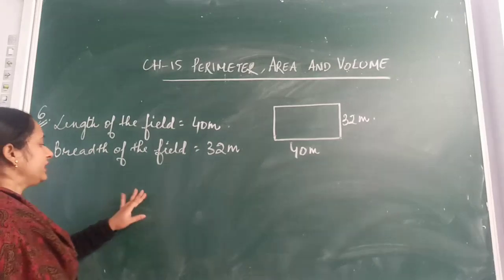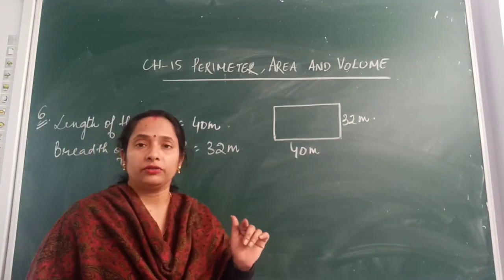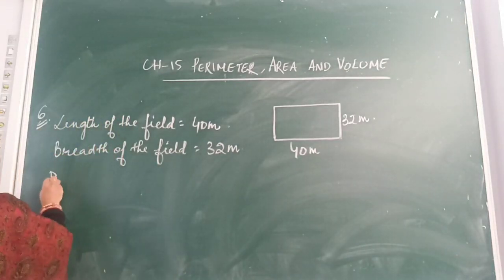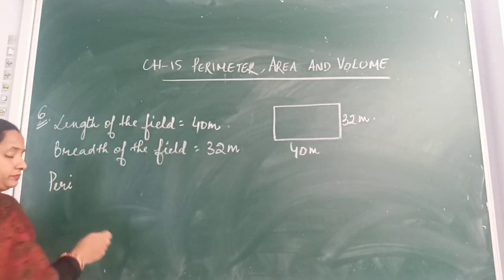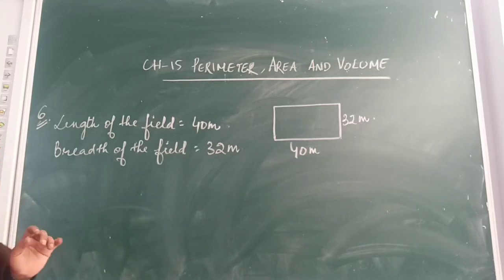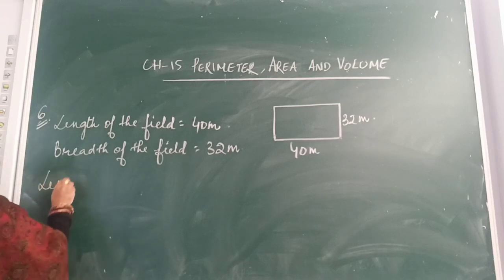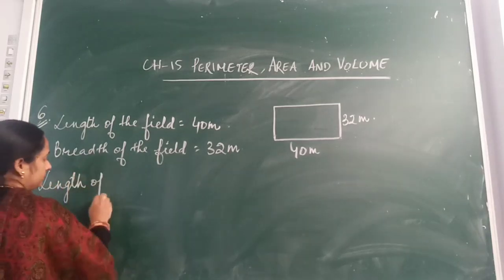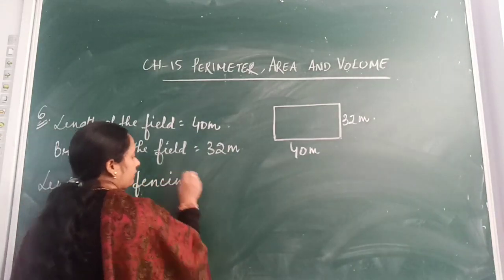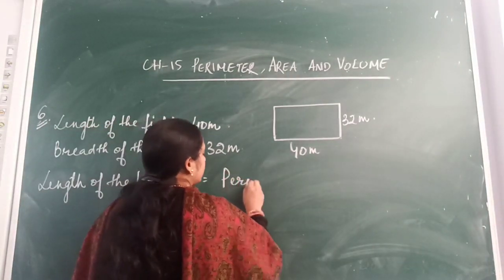So in order to find the total length of the fencing, first of all we need to find the perimeter of the field. Length of the fencing is equal to perimeter of the field, right?